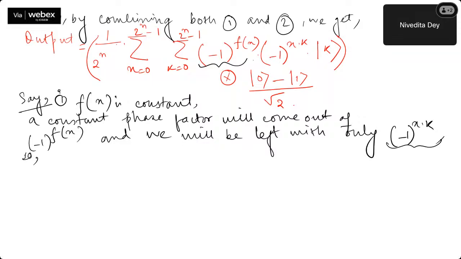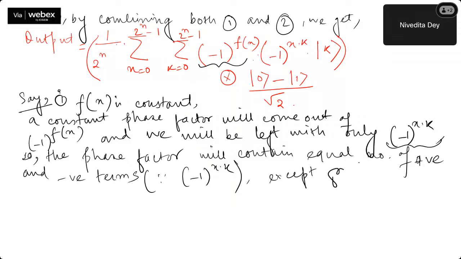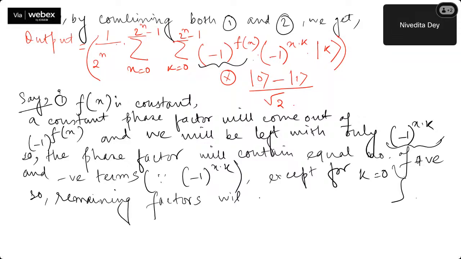So the phase factor will contain an equal number of positive and negative terms because we have this minus 1 to the power x dot k, and except for the value when k is equal to 0, all the other factors, the remaining factors, will get cancelled out.